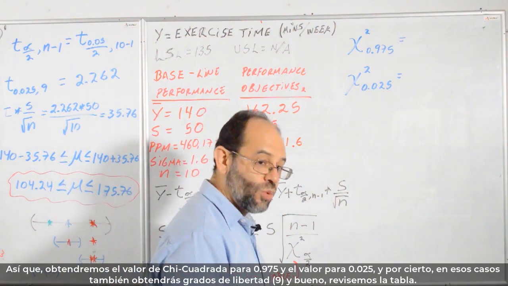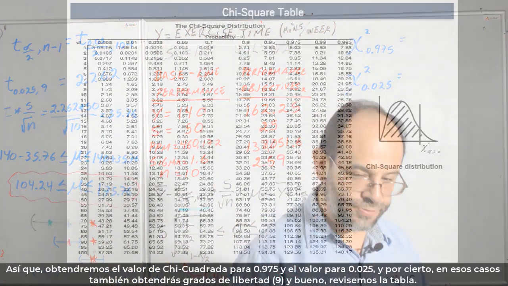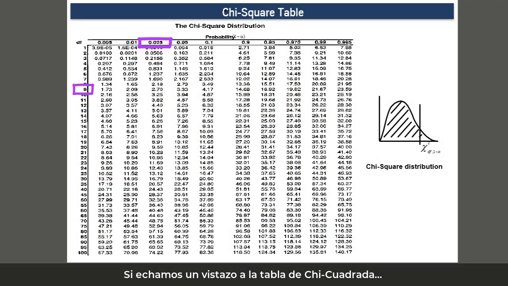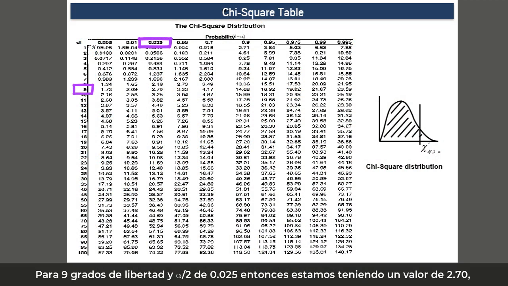Let's take a look at the tables. If we look at the chi-square table, for degrees of freedom of 9 and 0.025, we have a value of 2.7.